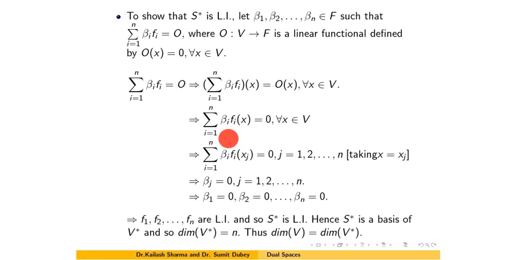And this implies that the sum of beta i fi x equals 0 for all x in V, because O x equals 0.